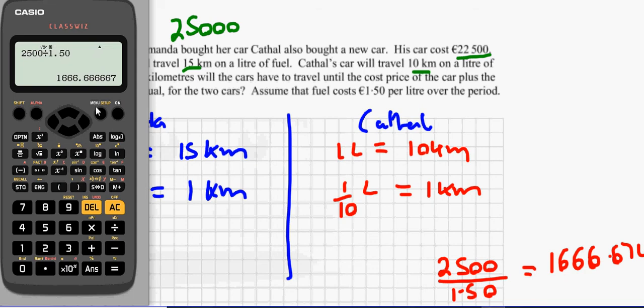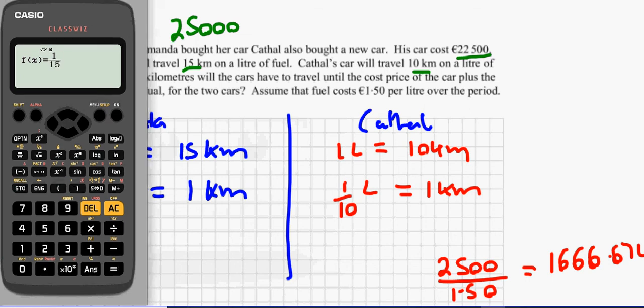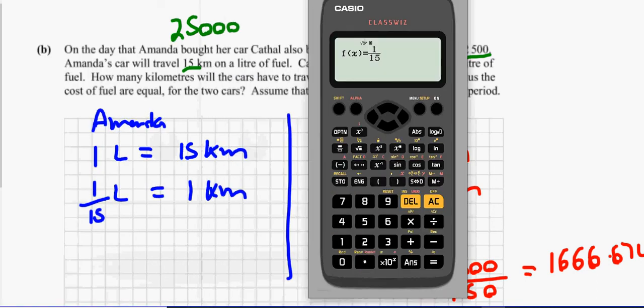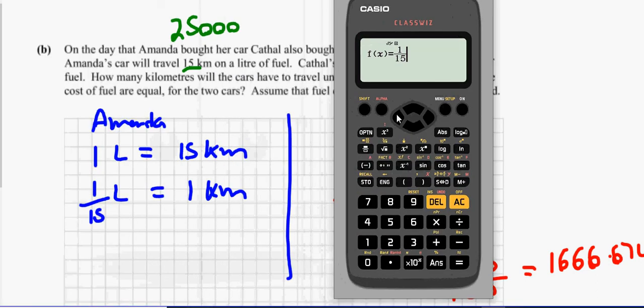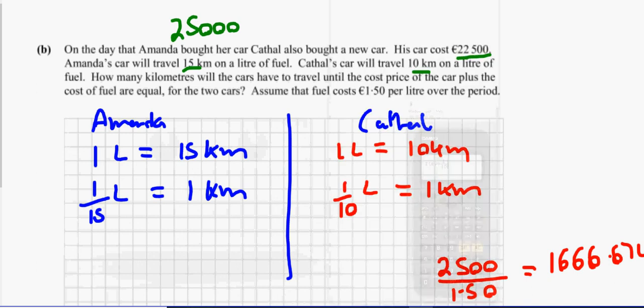So look at this. If I did f of x equals 1/15th x, it's 1/15th of a liter multiplied by 1. Sorry, I forgot one thing.